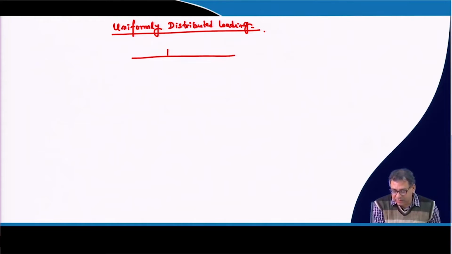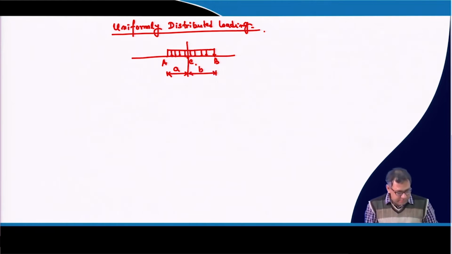Suppose you have a uniformly distributed load here. Now, you have points A and B, and your point of interest is C at this point, which is at a distance of A from point A and B from point B. This uniformly distributed load is q, and you have to take a small segment dx.